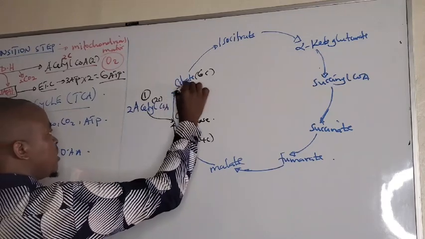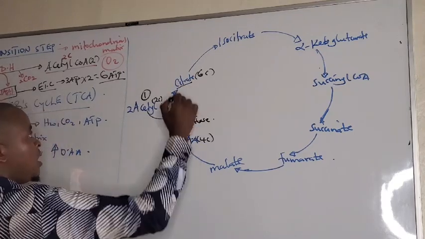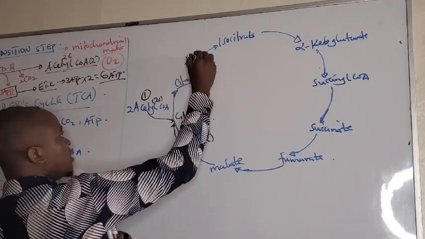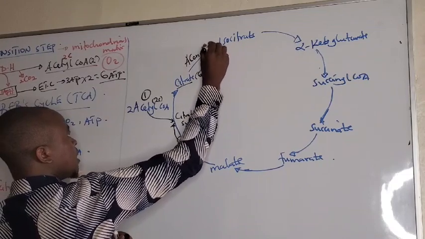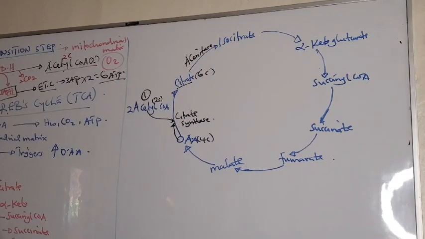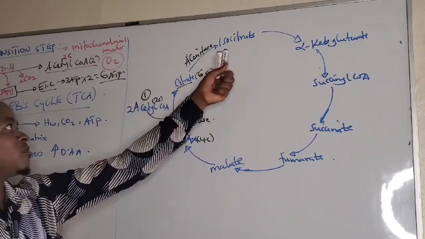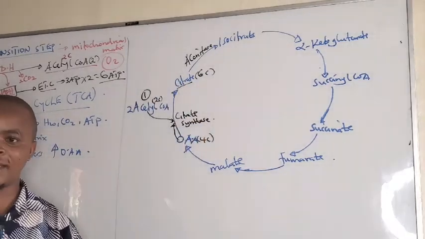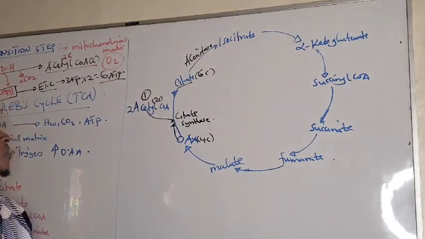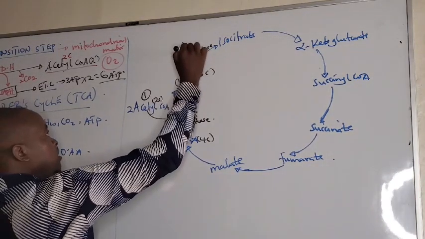And after forming citrate, we see an enzyme known as aconitase catalyzing an isomerization reaction, whereby there is intramolecular rearrangement of citrate to form isocitrate by an enzyme known as aconitase, which is always inhibited by fluoroacetate.